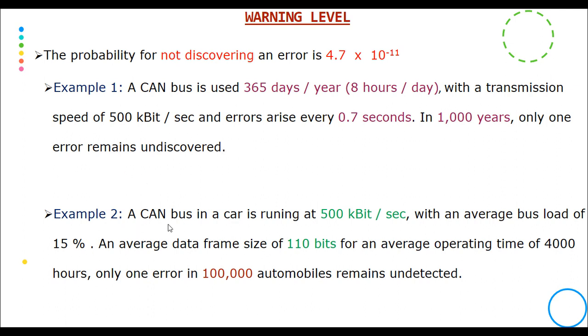In example 2, consider a CAN bus in a car running at 500 kilobits per second with an average bus load of 15%. The average size of a CAN frame is 110 bits for an average operating time of 4000 hours. Only one error in every 100,000 errors in an automobile remains undetected.